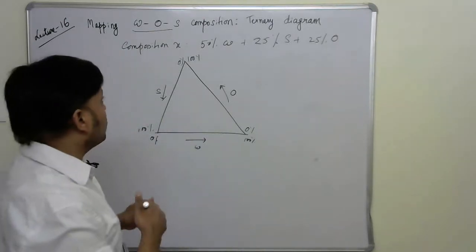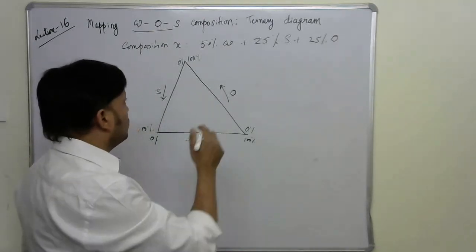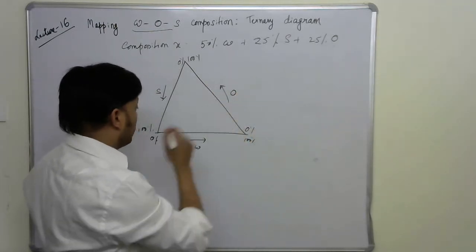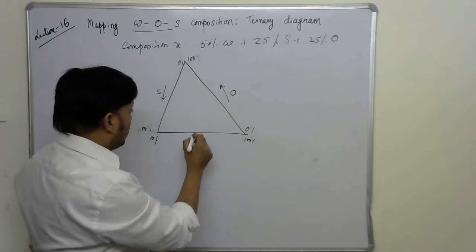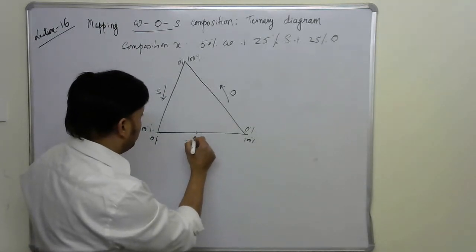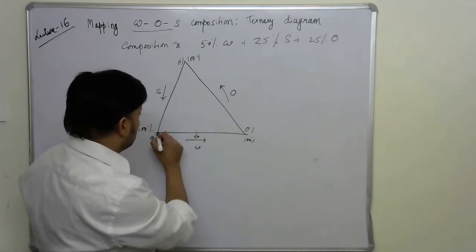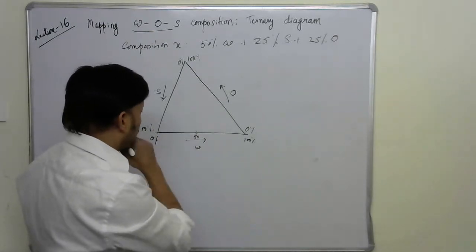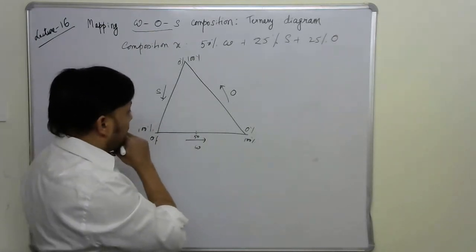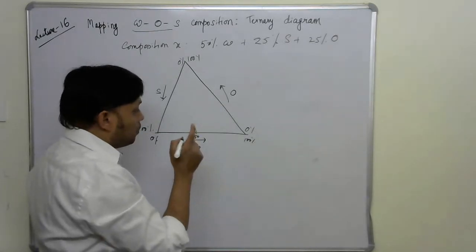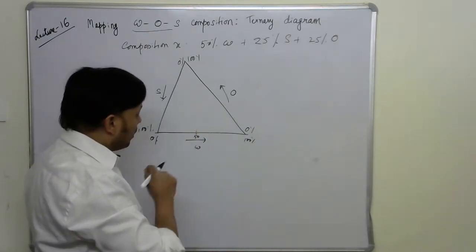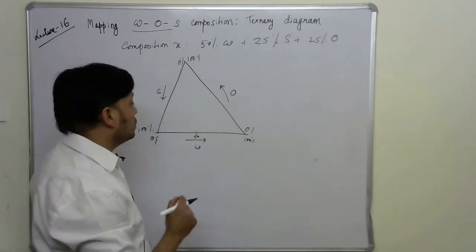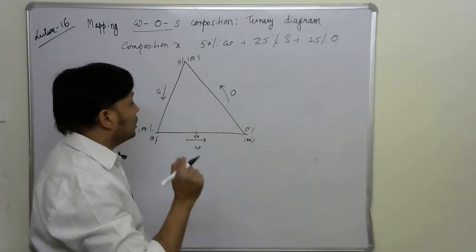So let's first start with this 50% water, 25% surfactant and 25% oil. So here, approximately this is the 50% line. This is 0, this is 100, and this is the 50% water. Okay, fine. Then there should be one fixed line along which all the compositions would represent 50% water. Now the question is which should be the line.